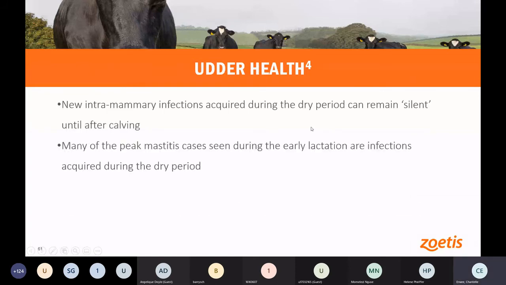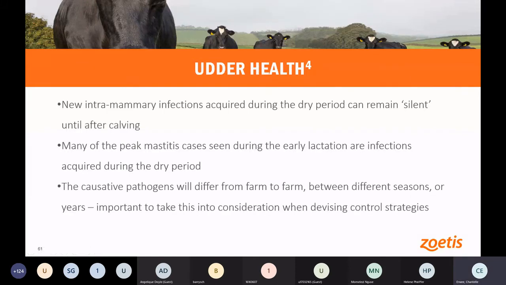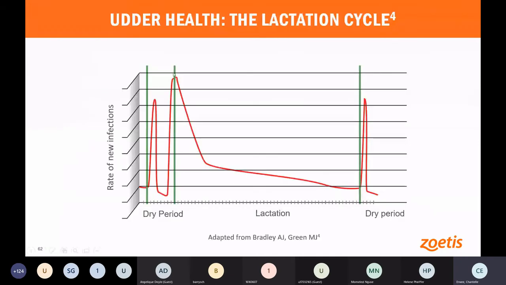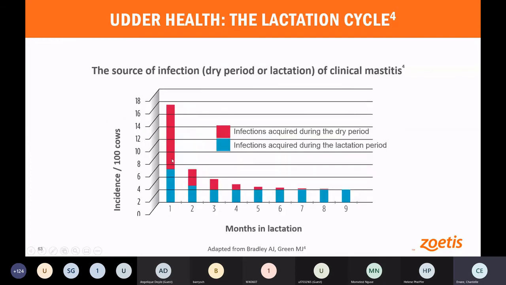Okay, so this is what I've explained earlier, is that oftentimes animals will have peak mastitis cases in the early lactation, but that it was actually obtained during the dry period. Okay, so you'll see here that if you look at the red bar, those are infections. So this is the months in lactation.